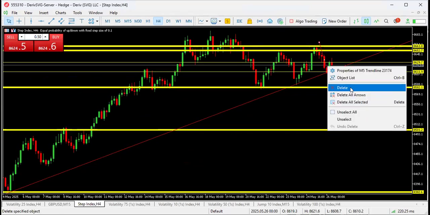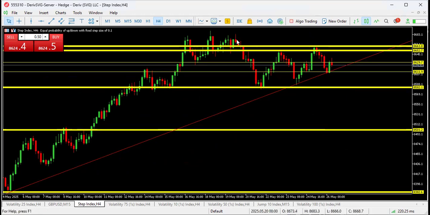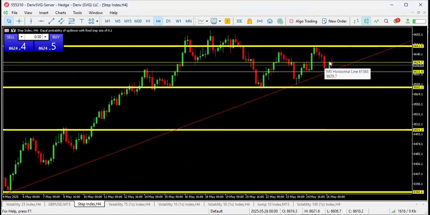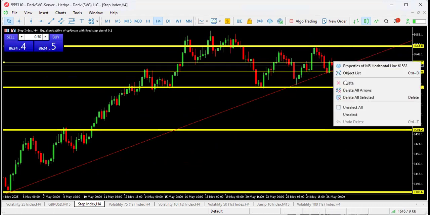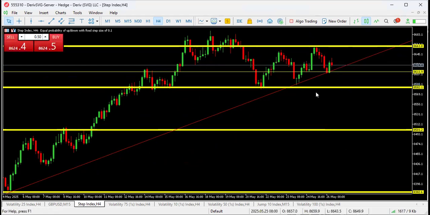Now, if you are to buy this market, let me remove all these things. This market obviously is an uptrend. So let's say here, if you're monitoring this market and you wanted to buy this market here, where will you put your stop loss?